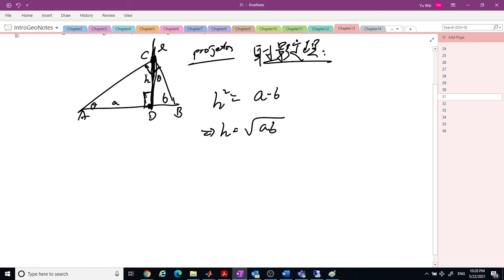Theta plus this is 90 and theta plus this is 90, so they are the same. Now we know A over H is equal to H over B. So now you can see H equals root AB.